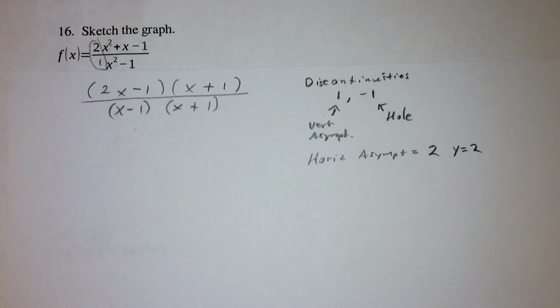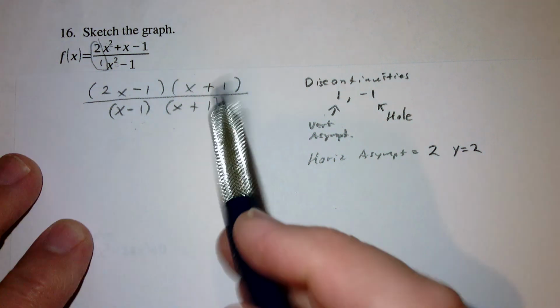And now the question is, do we cross that horizontal asymptote? Okay, in other words, is there a value of x that allows us to equal 2, which means that we would have to cross it. So for that, we can go back to the original equation, or what I would like to do is simplify this equation.